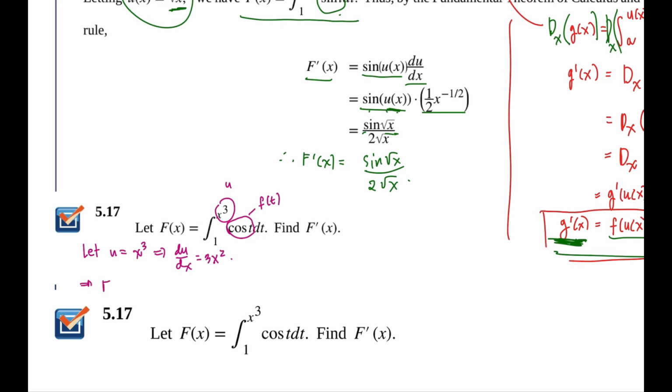So it follows that big F prime of x is equal to cosine of u times du over dx. What is cosine of u? u is x cubed, and du over dx is 3x squared. So therefore, big F prime of x is equal to 3x squared cosine of x cubed.